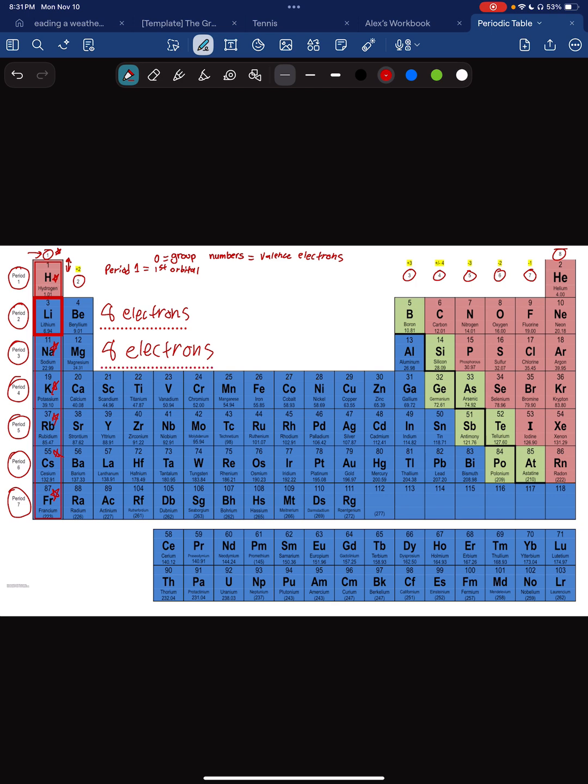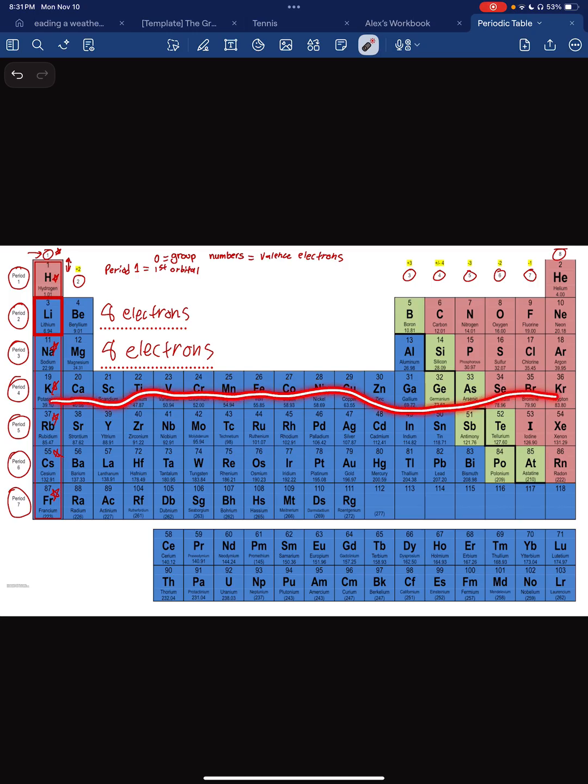In the next case, period 4, we're not going to get into that, that would be higher level chemistry. If you're interested in it, we could get into it, but since this is just physical science, we're not. For period 4, we would start here at potassium, and all of these elements here could be included in an orbital.